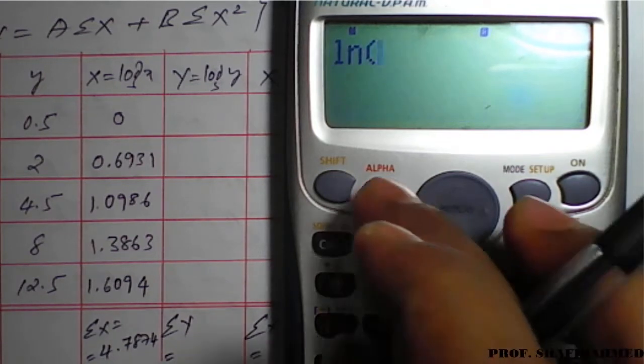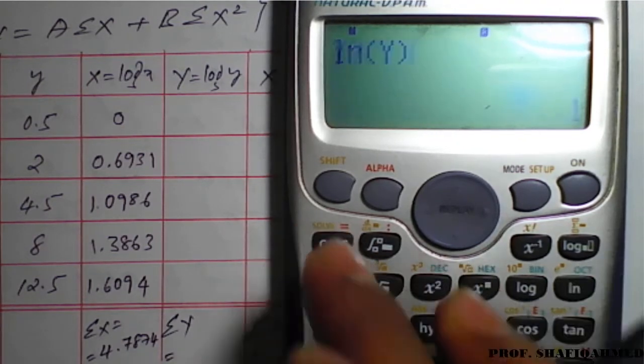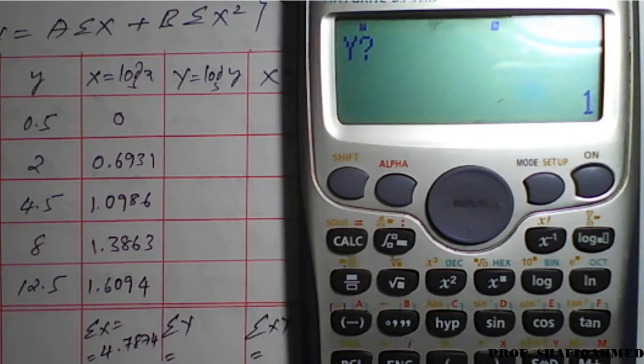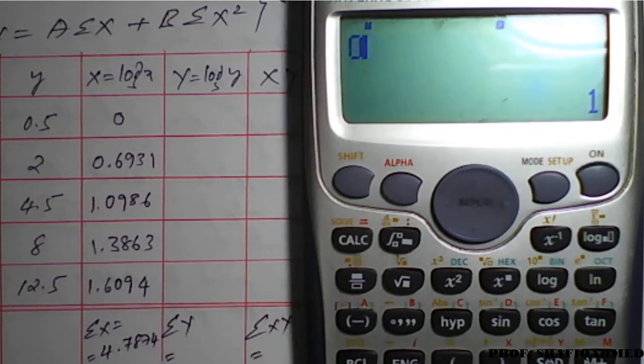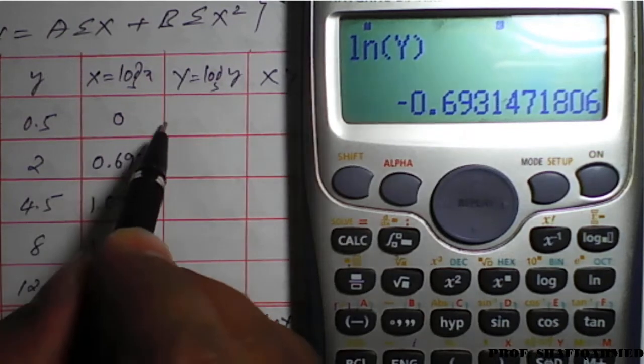So ln of y, go for the calc option. When y is 0.5, it will be minus 0.6931.